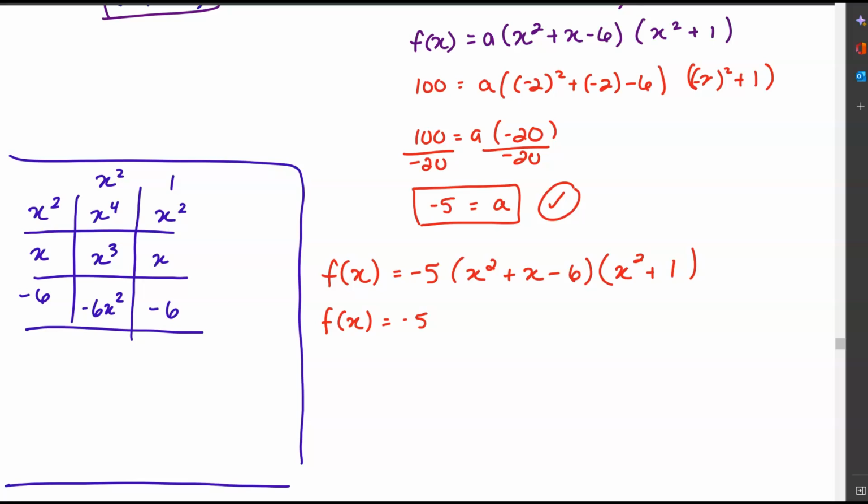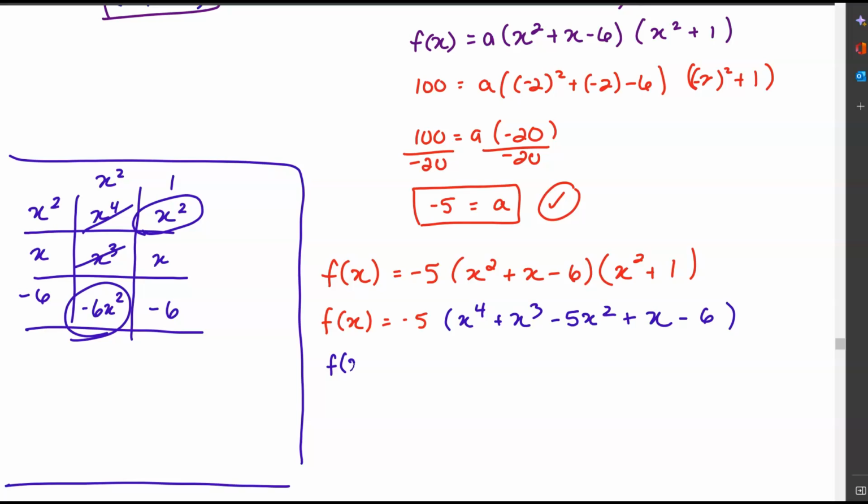So now we go ahead and write them out. We're going to have x to the fourth, and then plus x to the third, and then we're left with negative 6x squared and x squared, which gives us a negative 5x squared, and then we're left with plus x minus 6. All right, and so you can actually leave it like this.